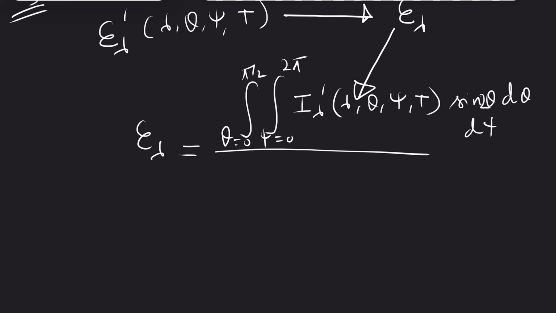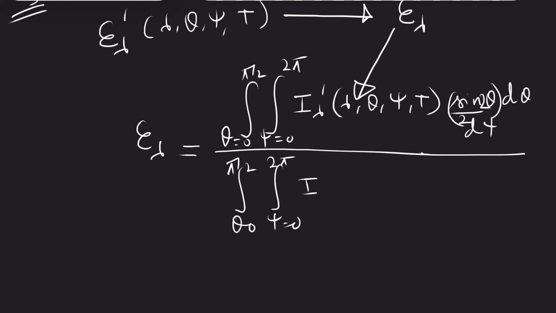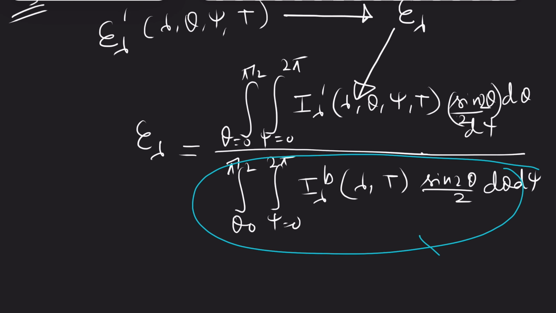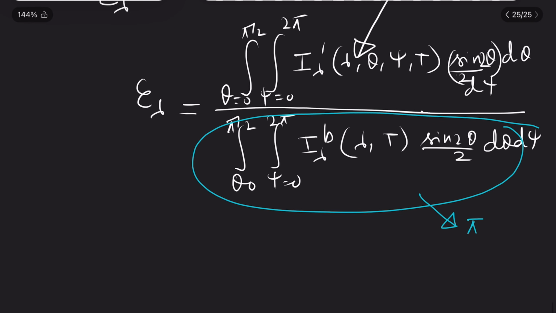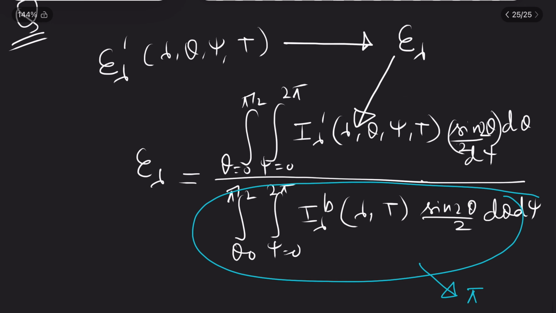So I can write sin 2 theta by 2. Cos theta I have taken there, and then I also have to integrate with respect to this for the black body. Sorry, these are not functions of theta and psi. Again, sin 2 theta by 2 d theta d psi, and we know that this whole thing is nothing but pi.